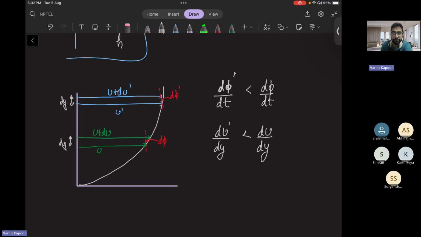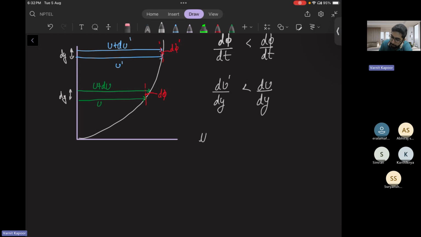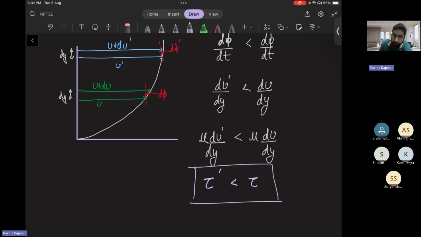If you multiply both sides with viscosity mu, because the viscosity of the fluid is the same on both sides, mu du dash by dy is less than mu du by dy. So this is nothing but your shear stress. Shear stress away from the wall is less than closer to the wall.